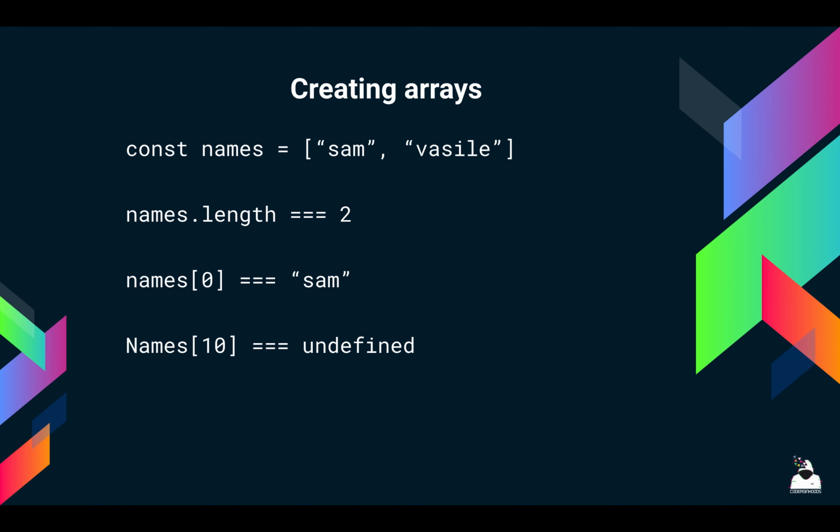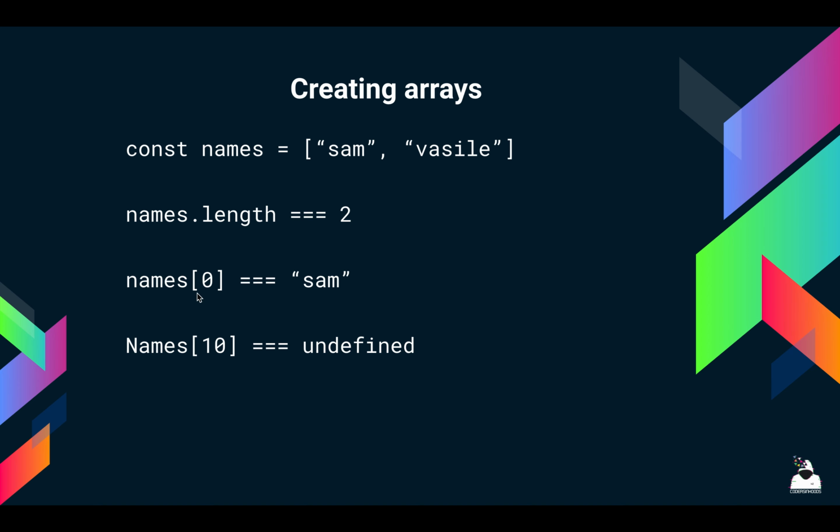Whereas with indexes, you have to think, okay, I want the first one, therefore I have to -1, therefore I use 0. Whereas with length, you don't have to do that in your head. You can just say how many elements are in the array, and that is the length.